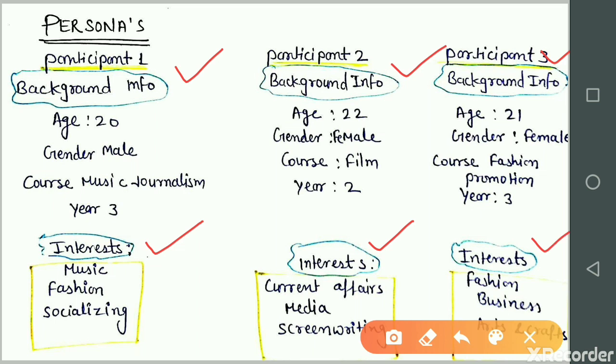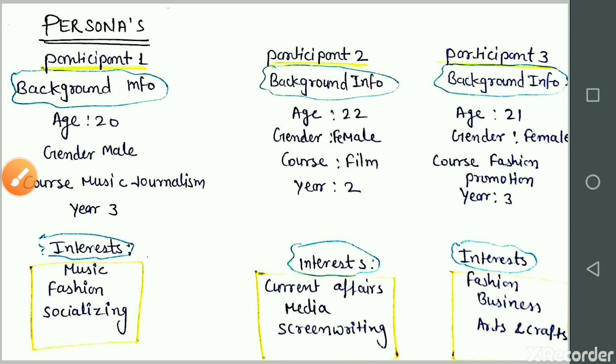The first participant has age 20, gender male, course music journalism, and year 3. The next has age 22, gender female, course film, and year 2. And participant number 3 has age 21, gender female, course fashion promotion, and year 3.